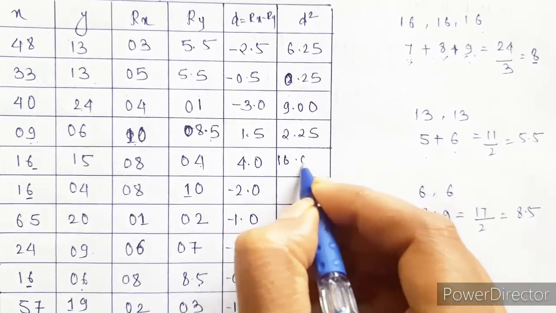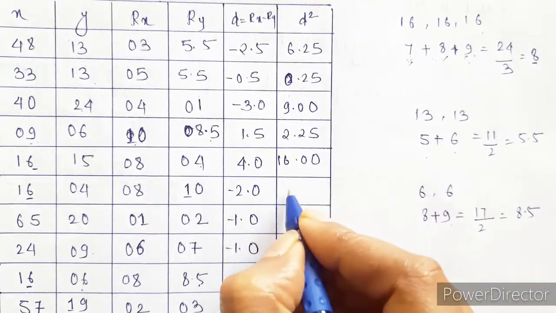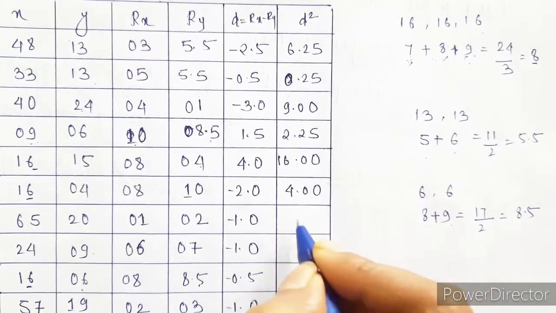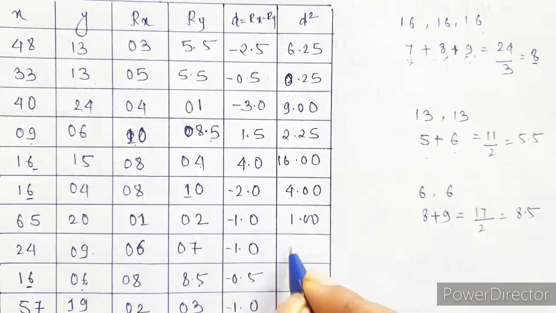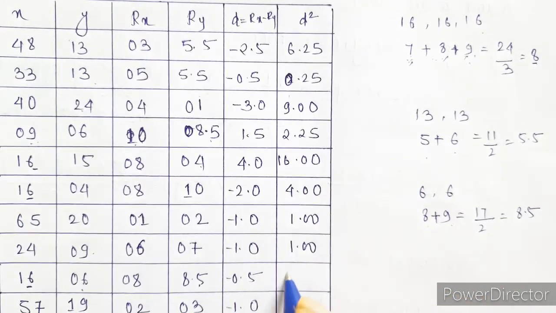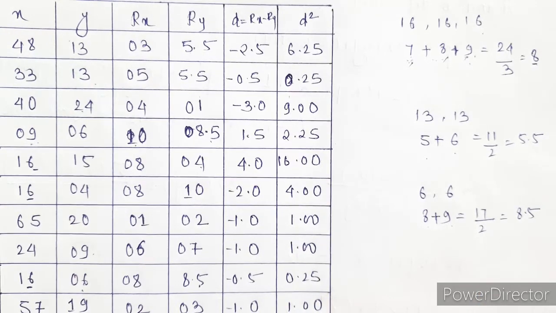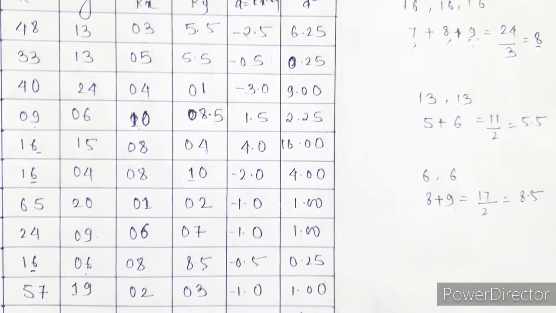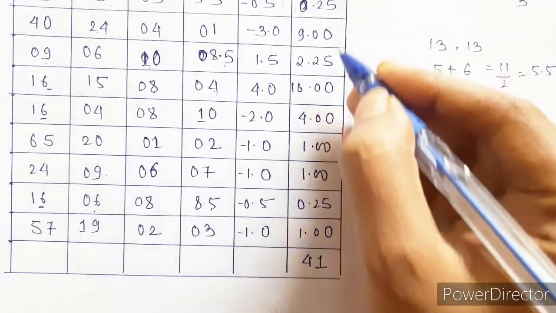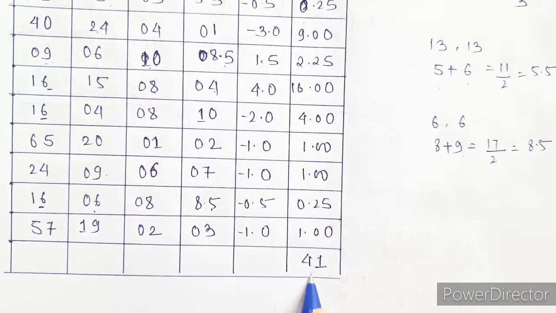This will be 16. Then 4, 1, 0.25 and the last one is 1. Now if we add all these, after adding what we will get is 41.